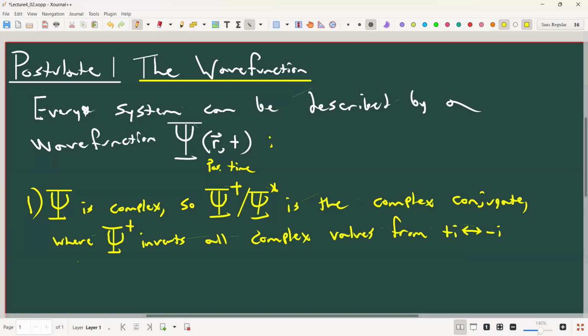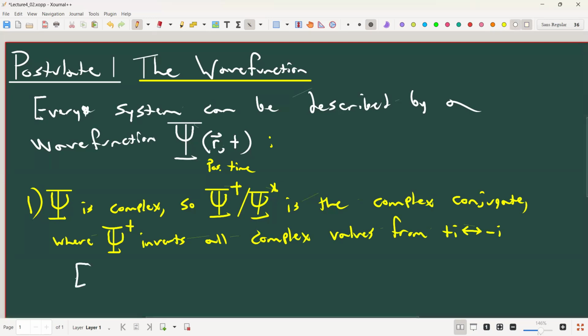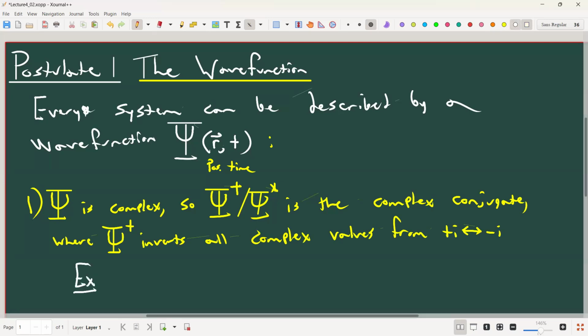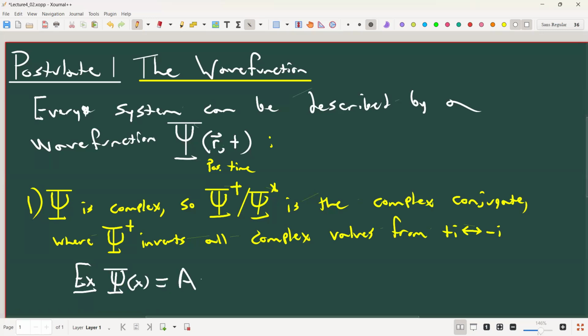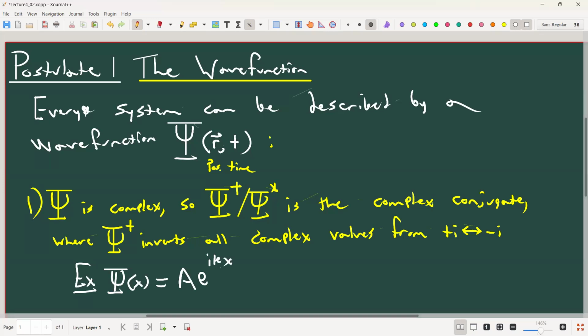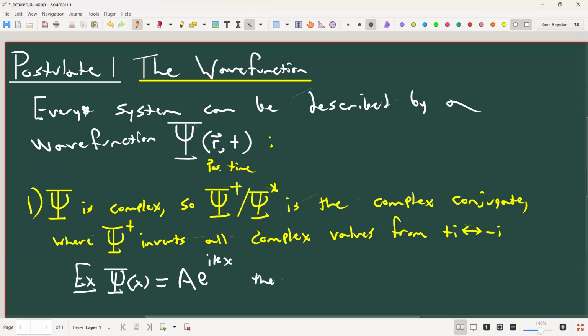All right, so an example, just a reminder, and we're going to see why this example is relevant today. If we have a wave function, which in position, I'm just going to get rid of time, is some number A e to the ikx, then psi star of x is e to the minus ikx.